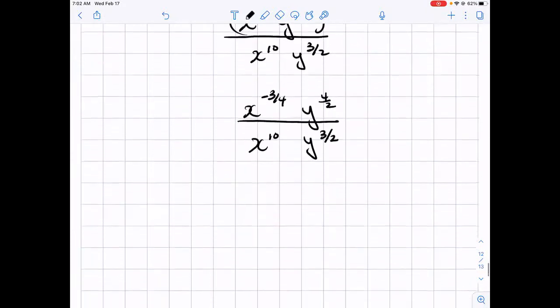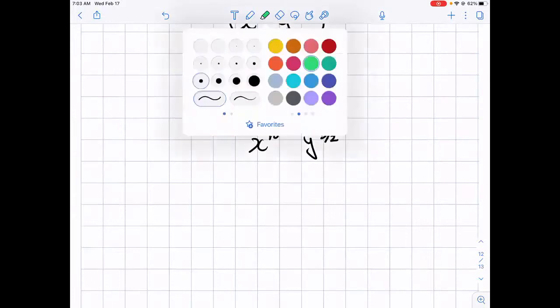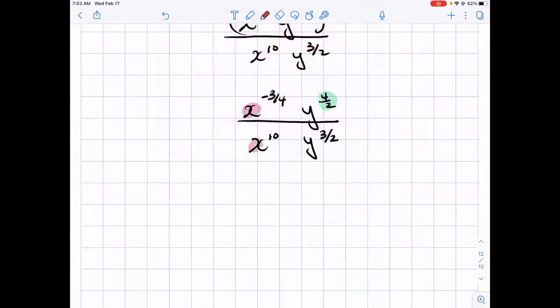Now you can simplify this if you want and write 1/2, but I'll leave it for now, doesn't matter. Now notice that this base is the same as this base. So when we're dividing, we subtract. So -3/4 power minus 10 over 1 power.